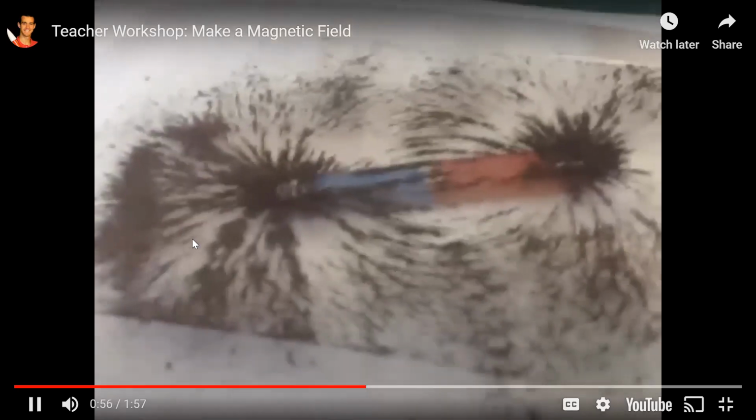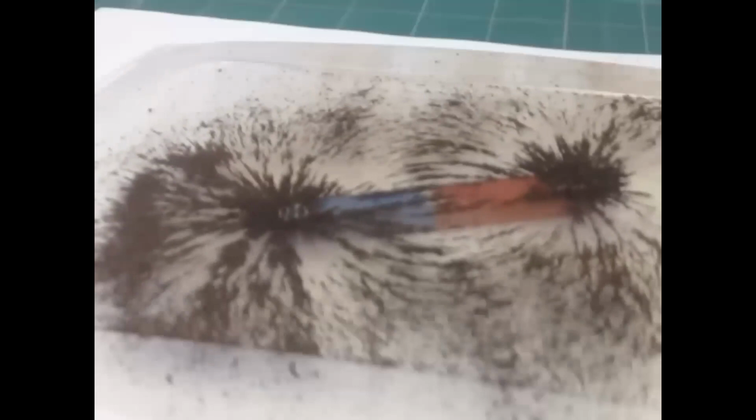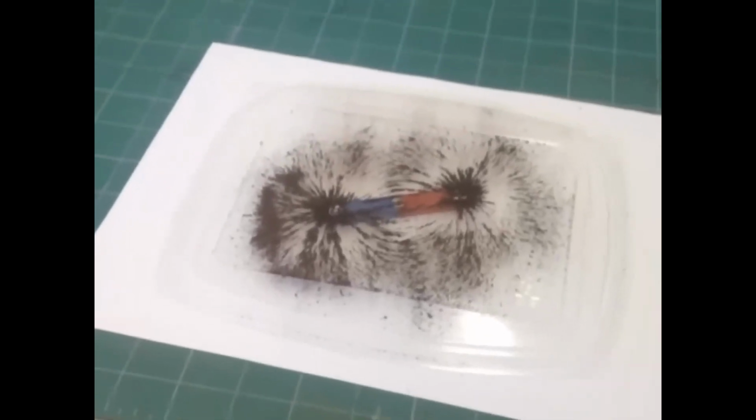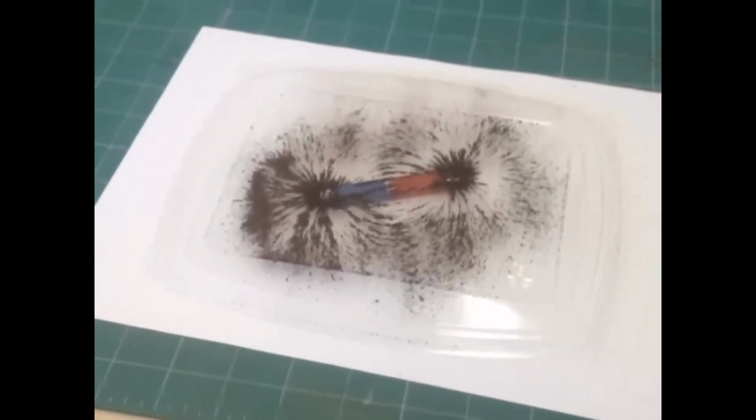Observe the pattern both overhead and from the side. From the side, they'll observe that the field is three-dimensional, meaning the magnetic field extends in all directions from the North Pole and wraps back around to the South Pole. Consider trying this activity with a horseshoe or ring magnet to see how the fields are different than the bars.